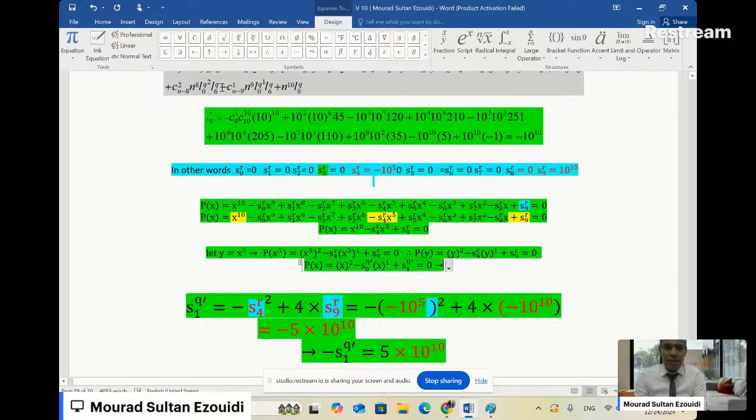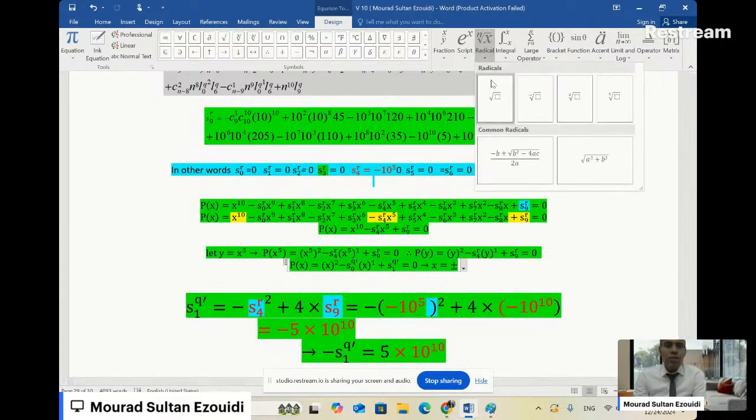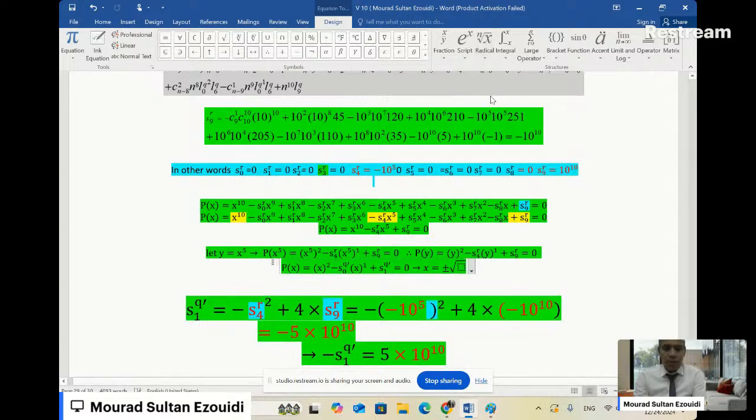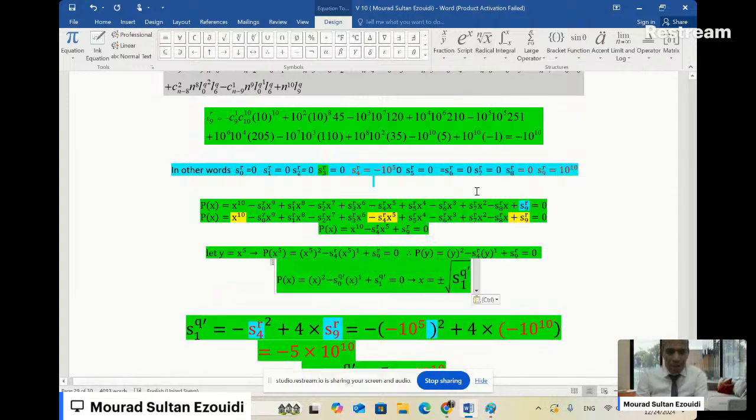That's how this is: x squared equal, I just write x equal plus or minus root of, what, my kids? Root of minus S1 of the Q dash.